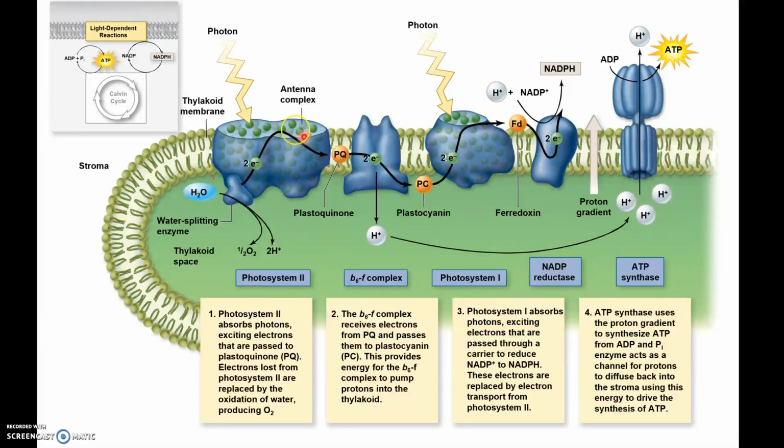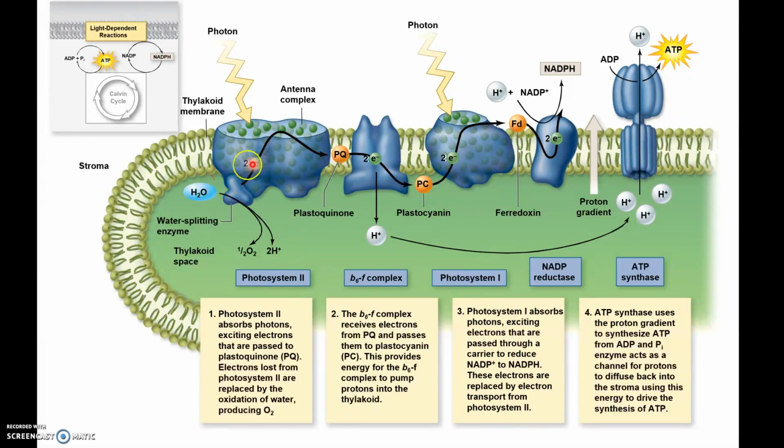Now we have to ask what happens to the electrons that this photon is bumping out of photosystem 2. That's where water comes into play. Water is broken down into oxygen, hydrogen ions, and electrons.